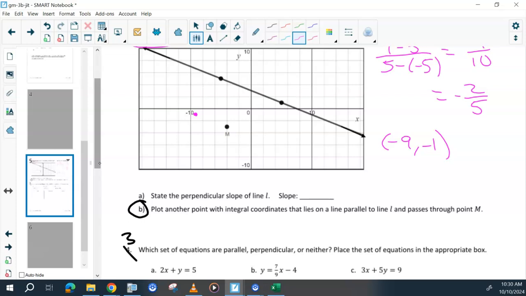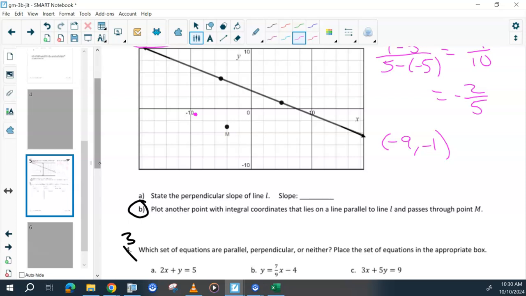Okay. So that is one of the points you could use. If you have another point, I can tell you whether that's right or not. What point did you have, Erica? I was right by -10. Yeah, I don't think that would have been one of them.